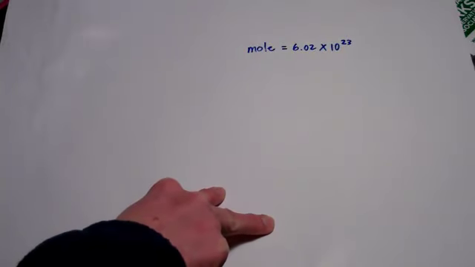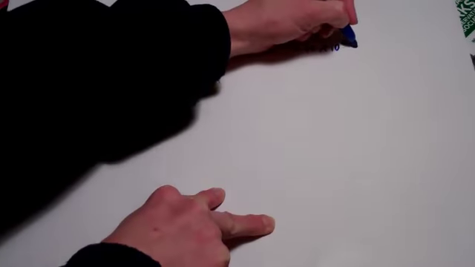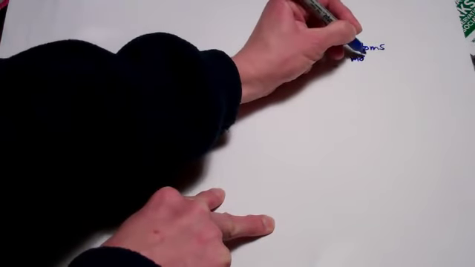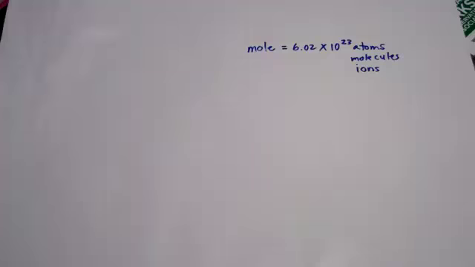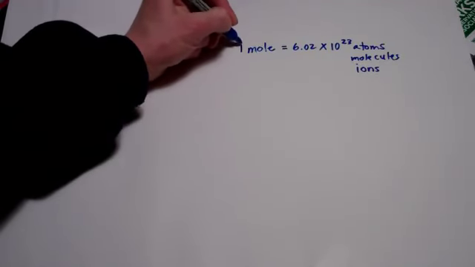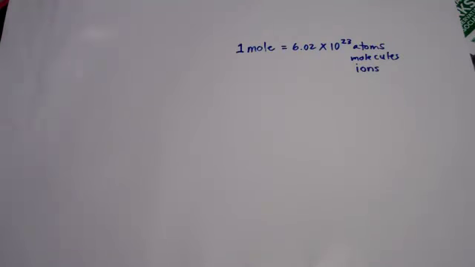And in our case, we're going to be talking about things like atoms, maybe molecules, and ions. So really, a mole could be anything that you wanted to talk about. But when we say we have 1 mole of a substance, that means that we have 6.02 times 10 to the 23rd of that substance.